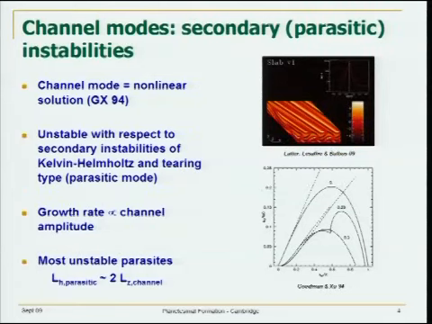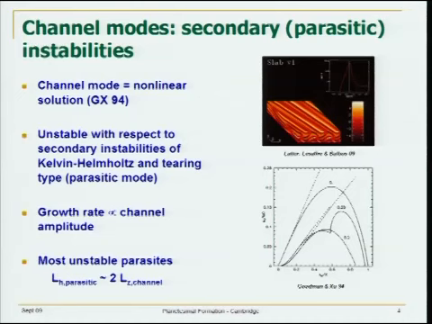Okay, these channel modes are prone to secondary instabilities known as parasitic instabilities. They show up in the form of either Kelvin-Helmholtz type or Tuning mode types of instabilities. They have a growth rate which is proportional to the channel mode amplitude itself, so that eventually the channel mode, whatever you do, will be broken by these secondary instabilities.